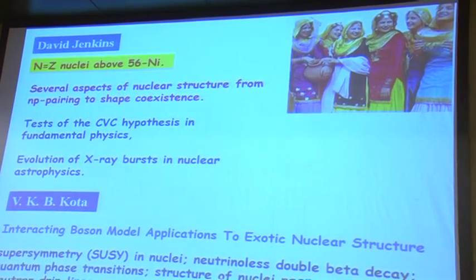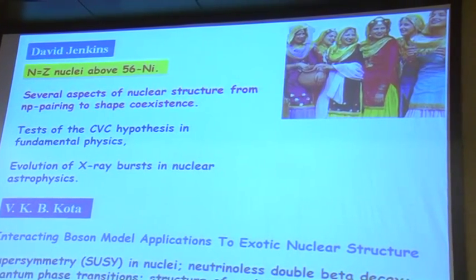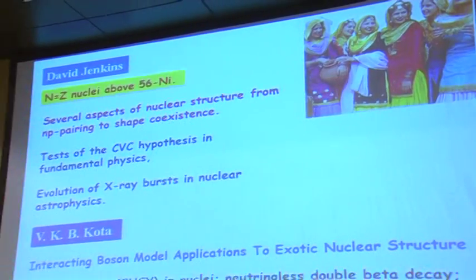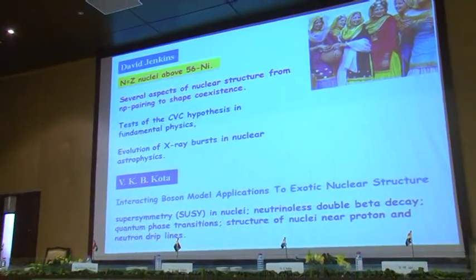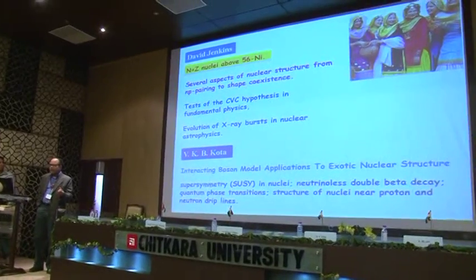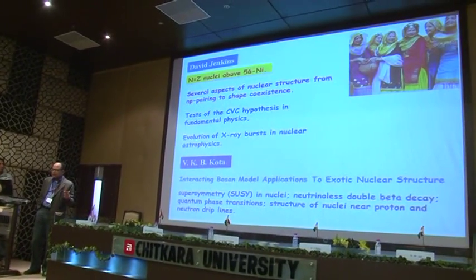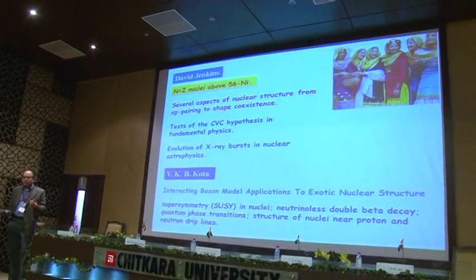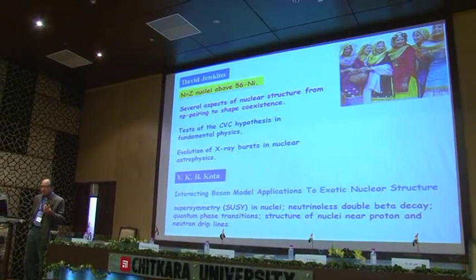These studies provide a test for the CVC hypothesis in fundamental physics. They are also of interest in astrophysics. So I wonder if we can somehow involve David in our facilities and try to do what he has been doing, because I could see that all those detectors, all those things that he is using in his experiment, we indeed have got those things in our country.